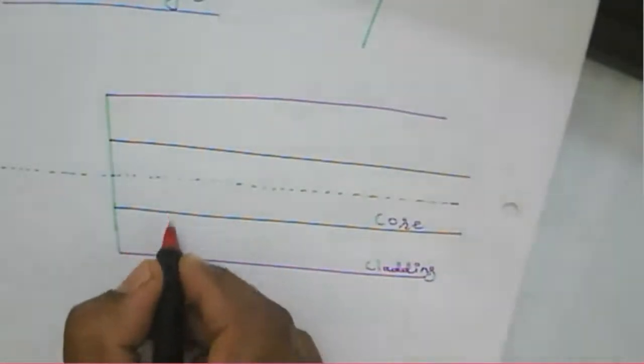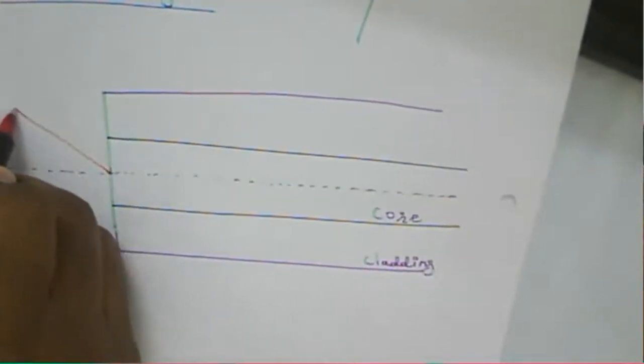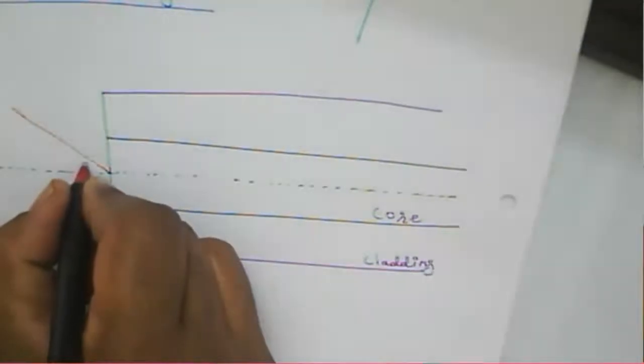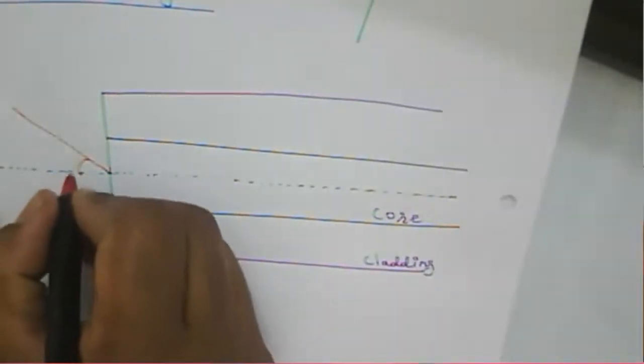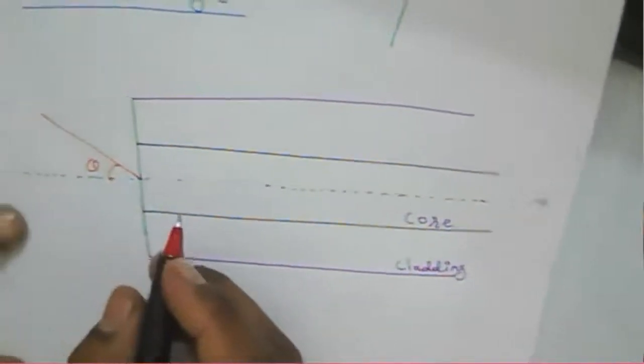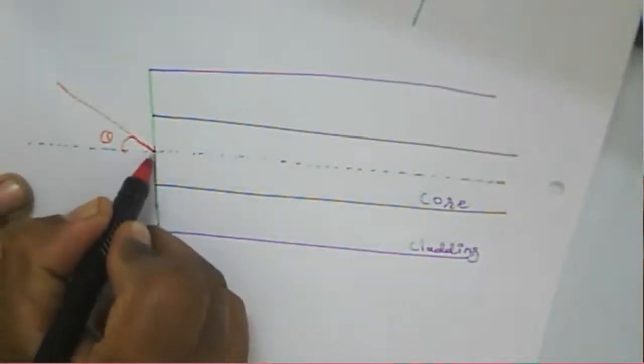When that light reflects, that angle will make a critical angle with this core and cladding boundary. Suppose this is the incident light, and it makes an angle, right now I am just saying, theta here.